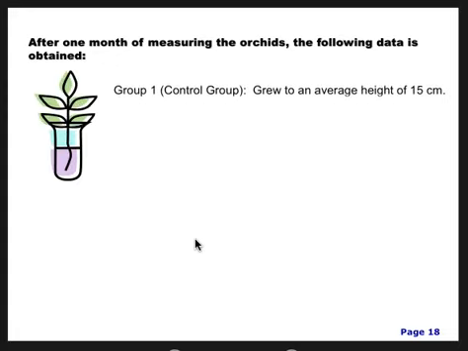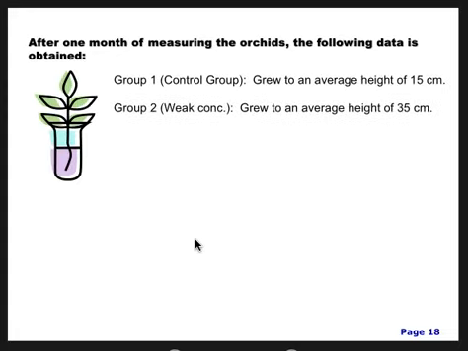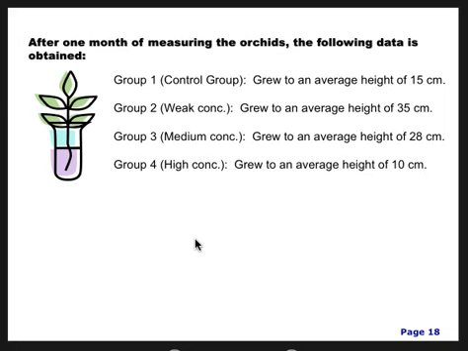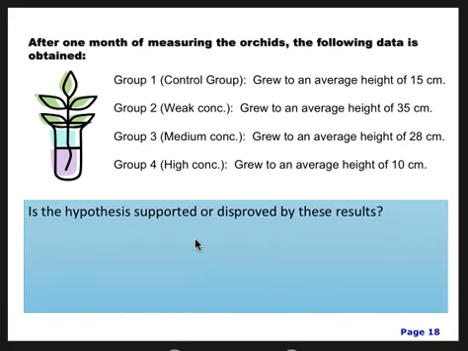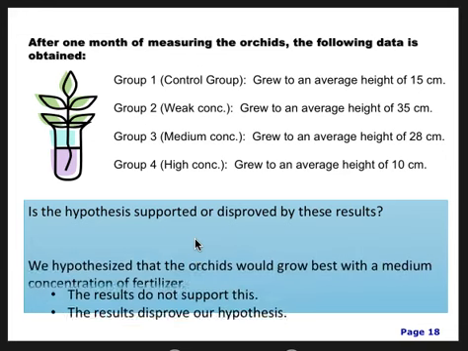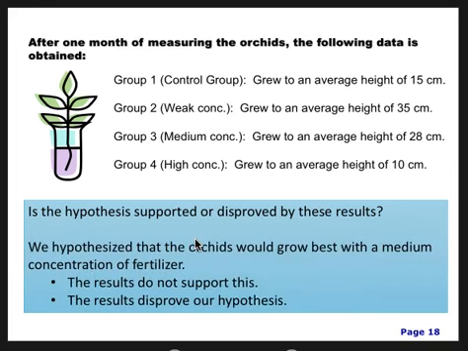Okay, so here's the data after 1 month. So is that hypothesis supported or disproved? I said that the medium concentration fertilizer would produce the most growth. And no, it wasn't. That isn't what happened.